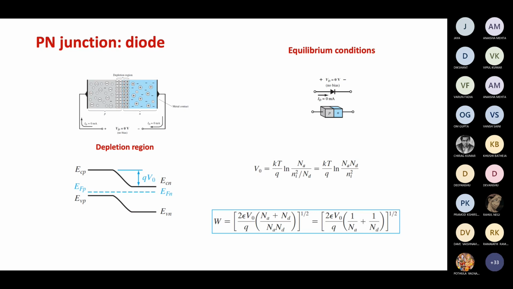Now, the available electrons in the solid will fill those states. This distribution of filling those states is known as the Fermi-Dirac distribution. This comes from Pauli's exclusion principle.